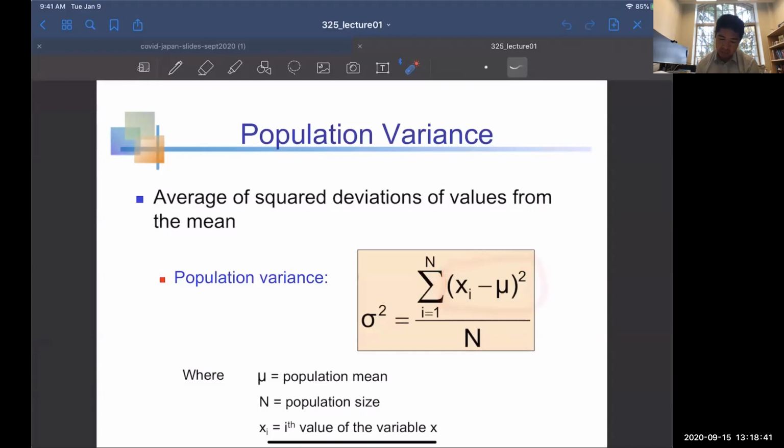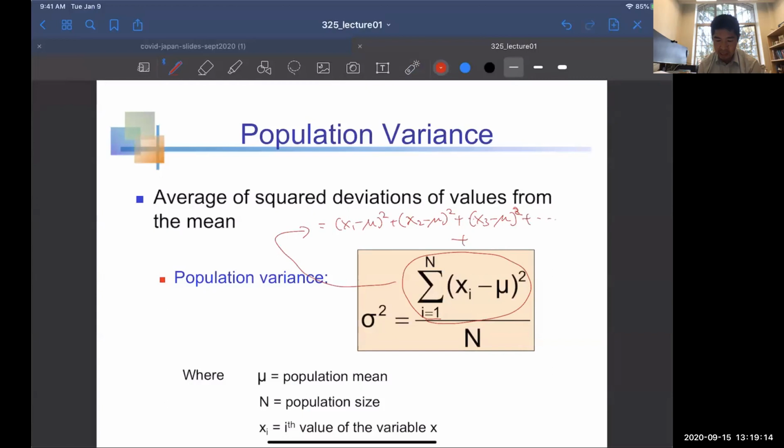Okay, so I guess some of you already took a look at the lab session, but I have to explain a little bit about the summation. So what does this summation mean? Well, that means you are actually summing up x1 minus mu squared, x2 minus mu squared, x3 minus mu squared, and so on.